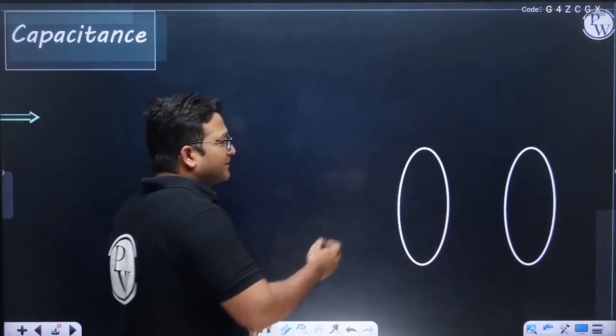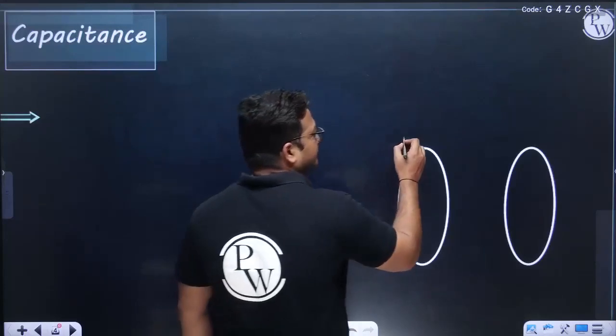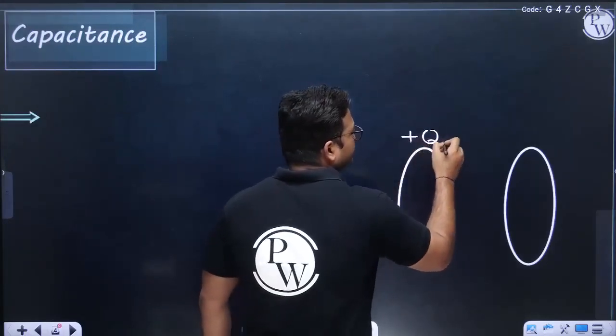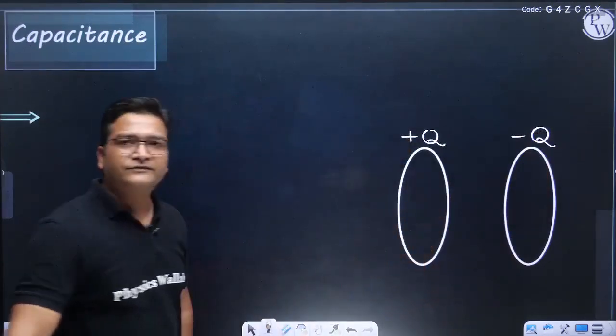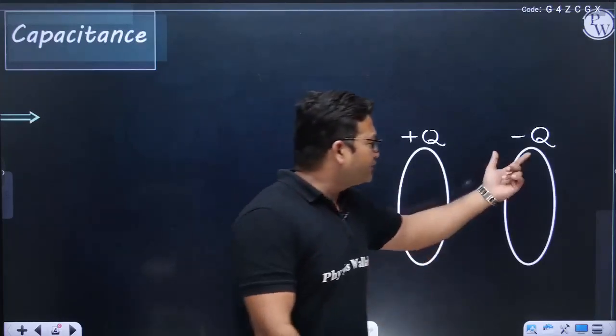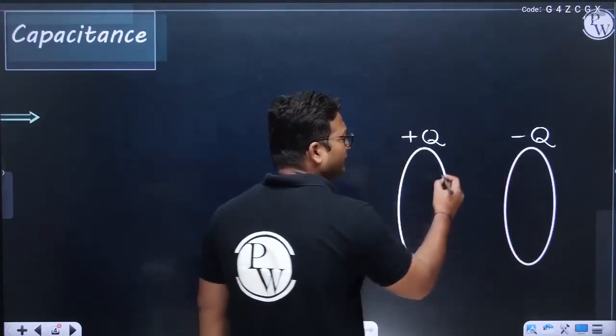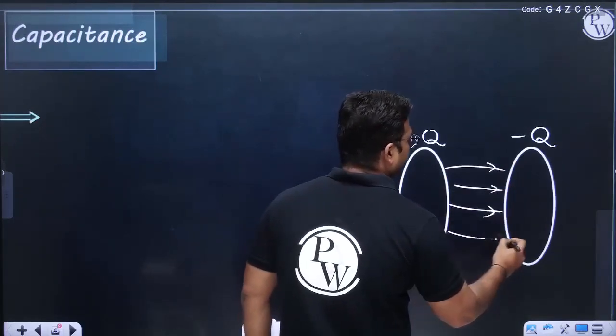Okay, suppose these are the two conductors of a capacitor. One has plus Q charge, the other has minus Q charge, and they are placed at some distance. So if one is charged positively and the other negatively, there will be some electric field in between. There will be some electric field lines, right?